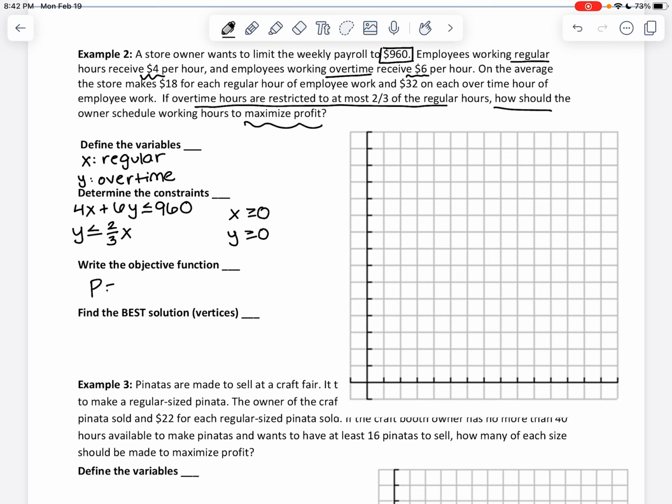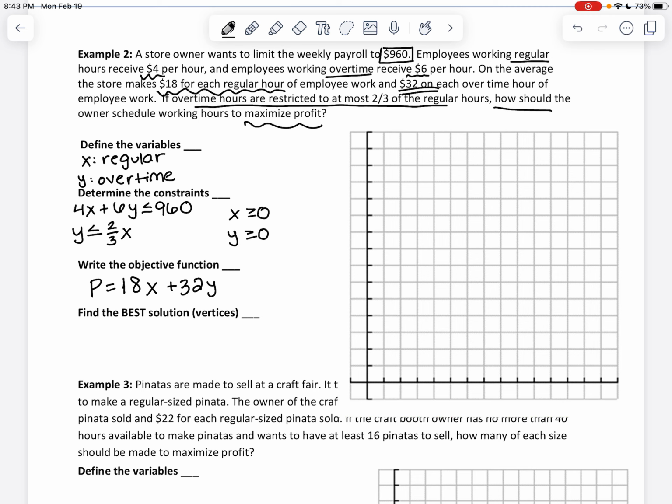So looking back in the problem, what information do we have about profit? Well, we see that on average, the store makes $18 for each regular hour. So that means we make 18 for every x, and it makes $32 on each overtime hour. So that's plus 32y. There's the objective function that we want to maximize.